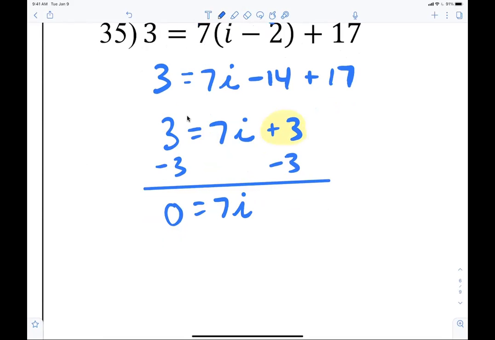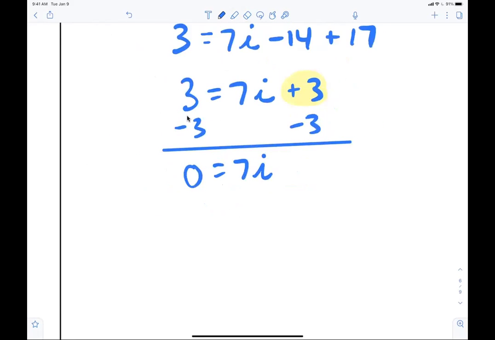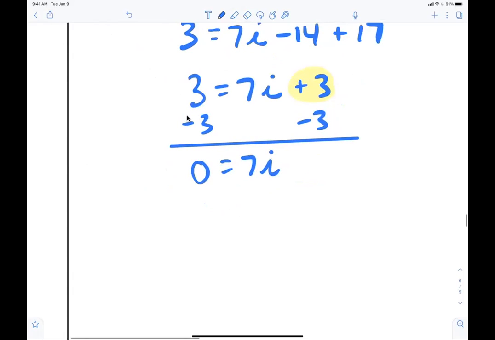Zeb, stop telling me that. What operation is this? Right here, look. What does that say to you? So how do I undo multiplication? You divide. Yes, you're dividing by 7. Come on, Zeb. What's 0 divided by anything? Yes. So i equals 0.